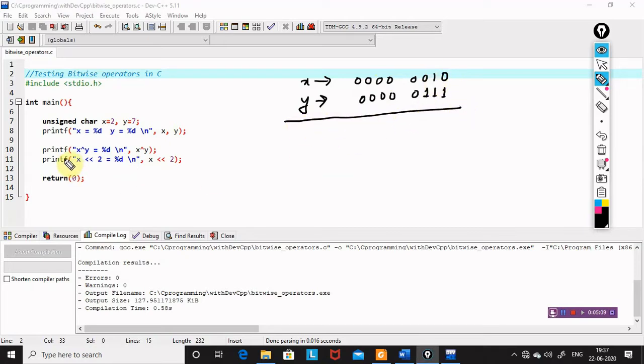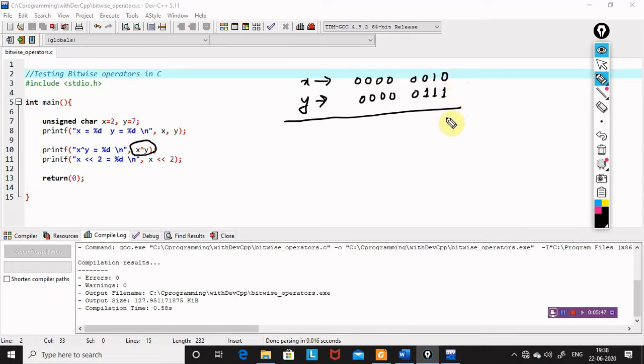Now, what we would like to do is find, or rather print, the value of the result of the exclusive OR operation on x and y. Since, if you remember, I said in bitwise operations, the operations are carried out on the bit level. What that means is each pair of individual bits of x and y are exclusively ORed, and we can write the result just beneath the pair.